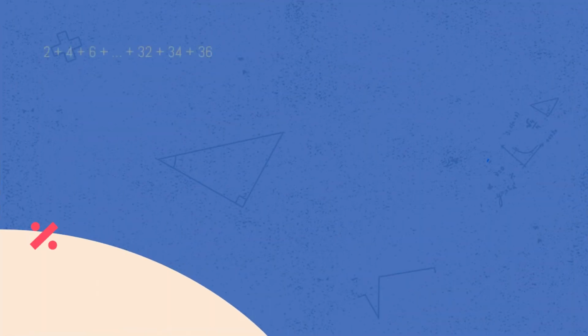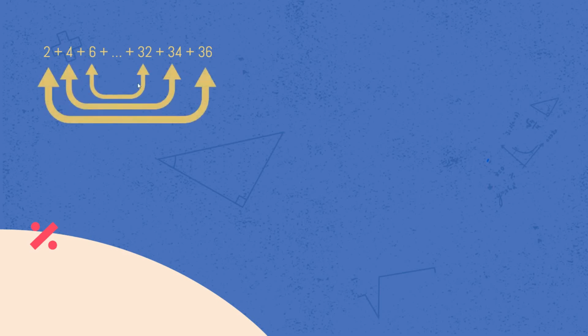Now let's look at the second sum that I showed you previously. The sum is 2 plus 4 plus 6, so on and so forth until 36. And it looks like it's a sum of even consecutive integers from 2 to 36. Let's take the same approach. Let's add 2 to 36, 4 to 34, 6 to 32, so on and so forth, and we get a sum of 38s. Well, how many 38s are there?